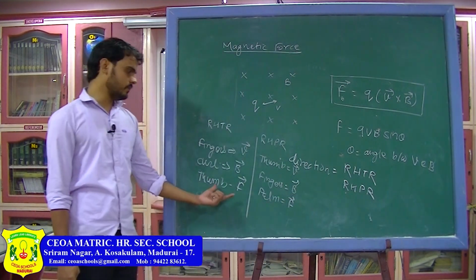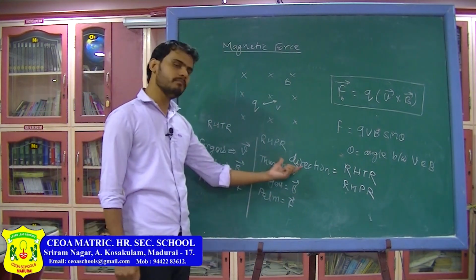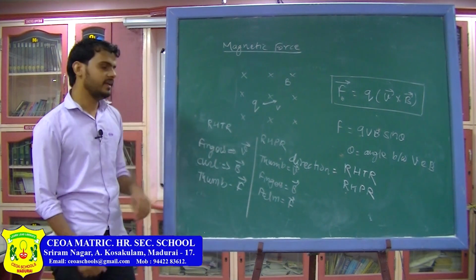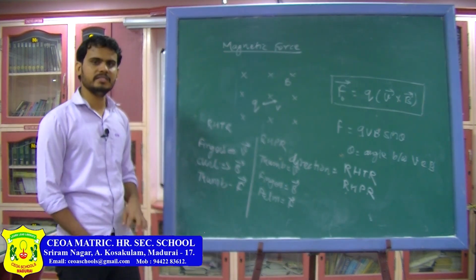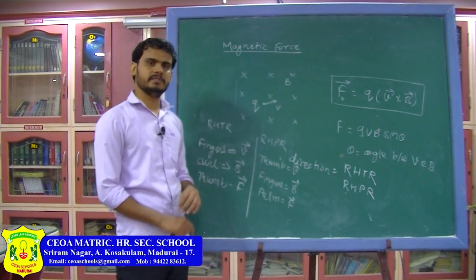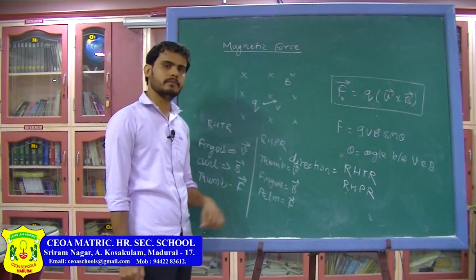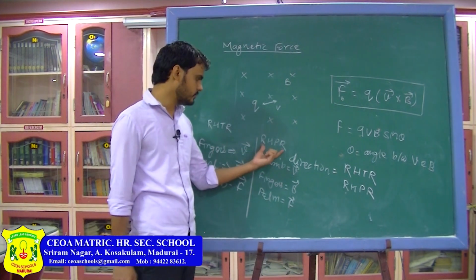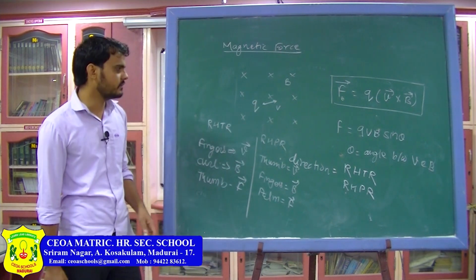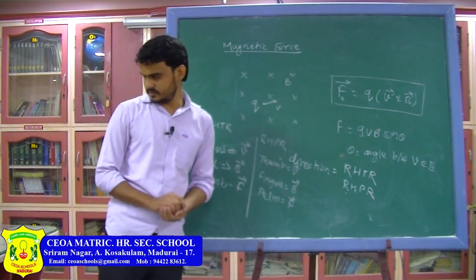Any of the rules can be used. I am going to use the right hand palm rule most of the time, because in the right hand thumb rule you have to curl your fingers and sometimes it is very difficult in the given situation to curl your fingers. So we are going to use the right hand palm rule to find the direction of the magnetic force on a moving charge.